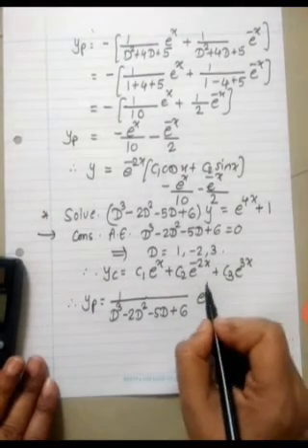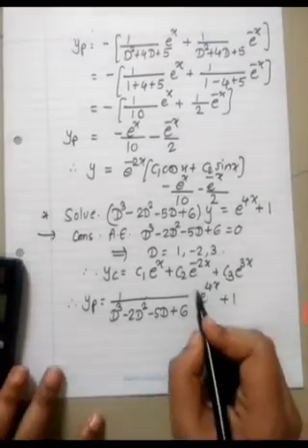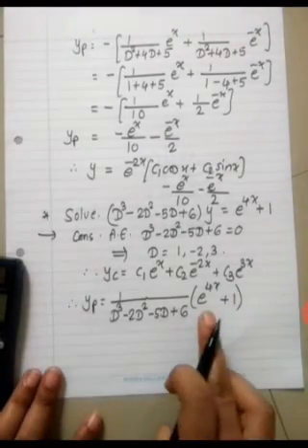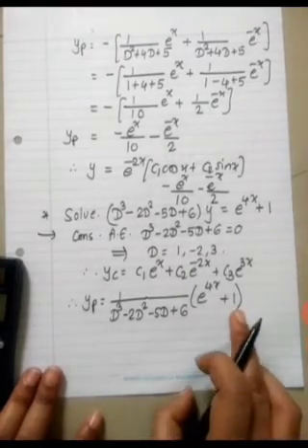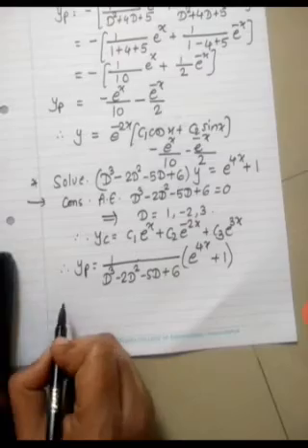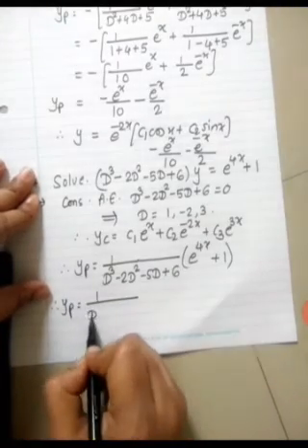F of x is e raised to 4x plus 1. Okay, there will be no problem for e raised to 4x, as addition, this will get separated. But as there is only a constant, what should we do? I'll write. Till then you can tell me what should we do for 1.